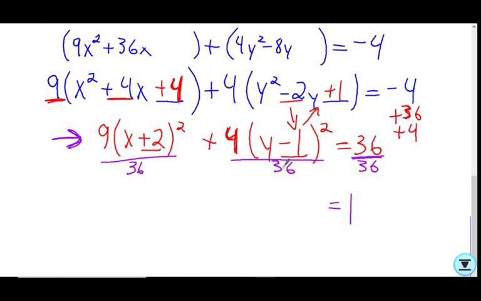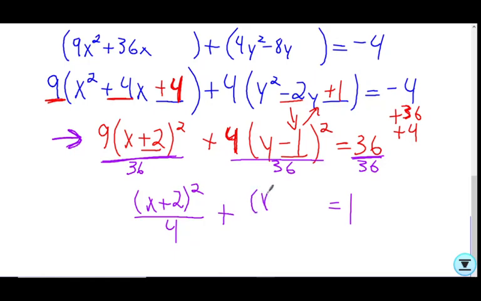So now my equation is starting to look more like the ellipse equation, because now I have my denominators. And now we reduce our fractions. So we have 9 over 36, which reduces, so we get x plus 2 squared over 4, because 9 and 36 are both divisible by 9.